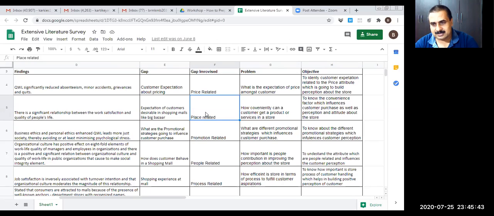Once we have written the specific problem, we move to the next part, that is literature survey. In literature survey, we usually follow 2 types of literature. One is conceptual and the second one is empirical. Conceptual means research based or theory based textbooks, and empirical means data driven material or journal outputs.